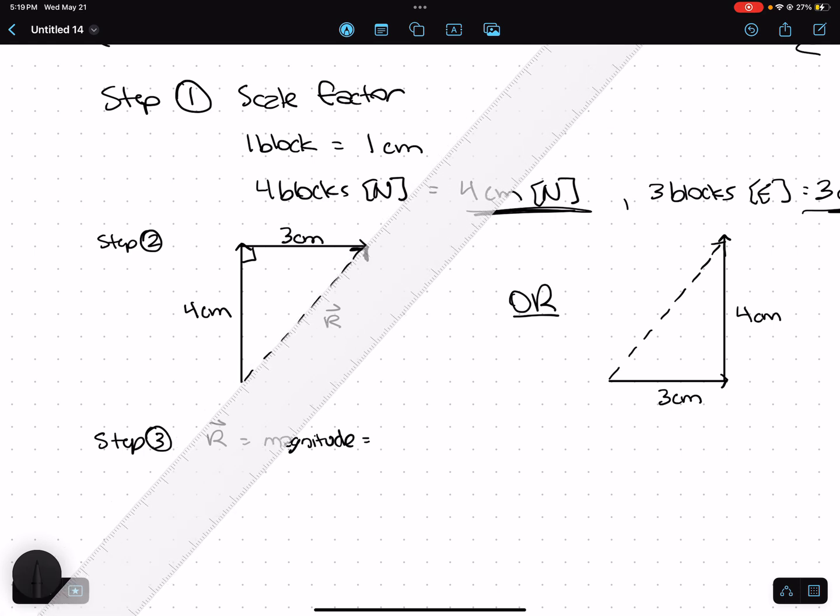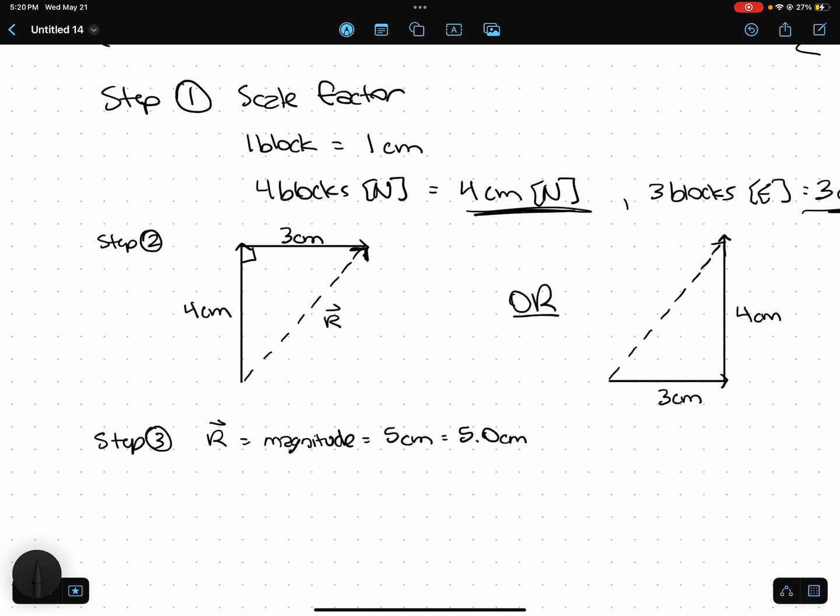And I really hope we can be super accurate with this. Okay, so you should measure it to be about 5 centimeters. Maybe you measure it off by a millimeter or 2. Okay, maybe we want it to be 5.0 centimeters to be super accurate, but it should be around 5.